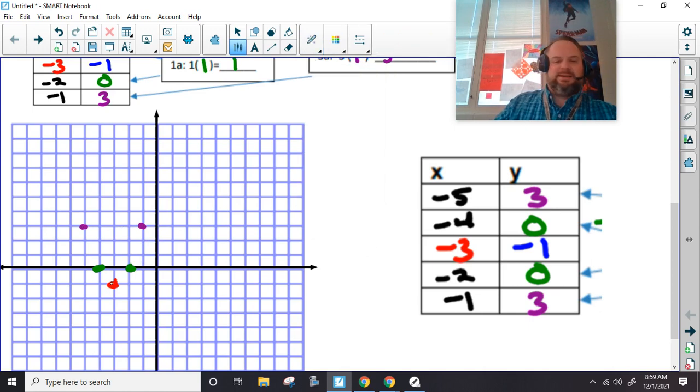Think about it like this. Slope-wise, what did I do to get from this point to this point? I went over 1, up 1. You mean it's a ratio of 1a? And to get from this point to this point, I went over 1, up 3, and that's where my ratio of 3a comes from.